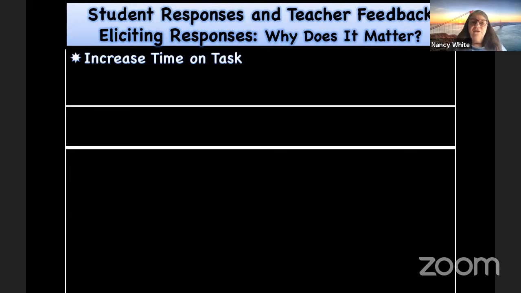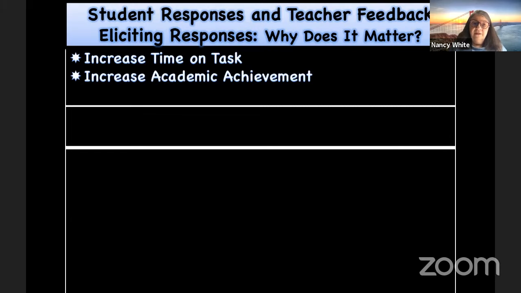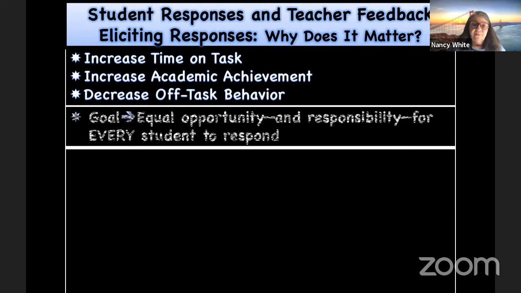Eliciting response means you ask a question, and if the student doesn't say anything, then you ask another question to give more scaffolding or more support. You don't tell them the answer. But again, the reason for doing it is to increase time on task, increase academic achievement, which decreases off-task behavior. And the goal is equal opportunity and responsibility for every student to respond.